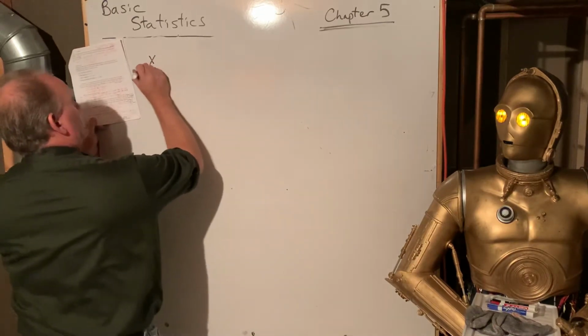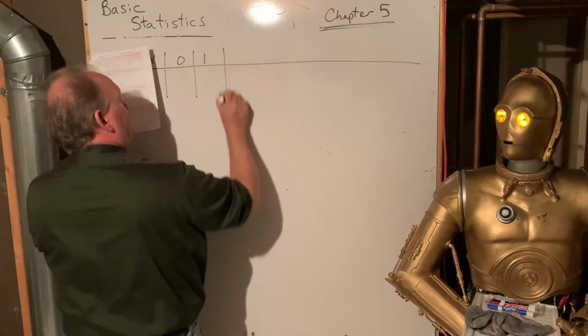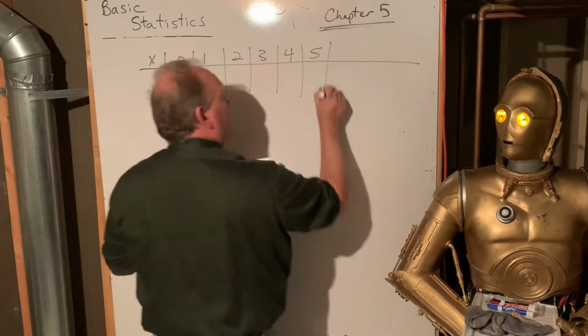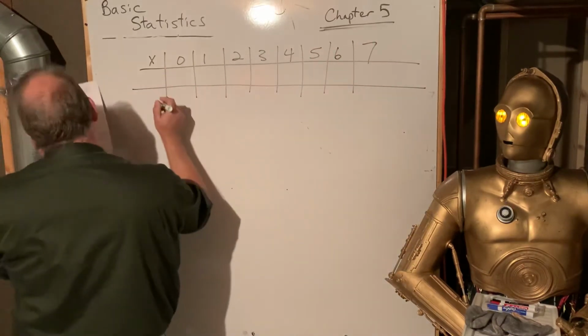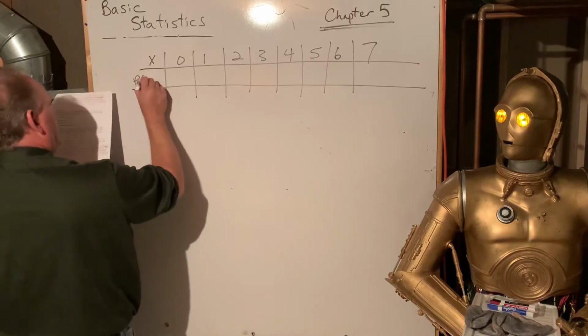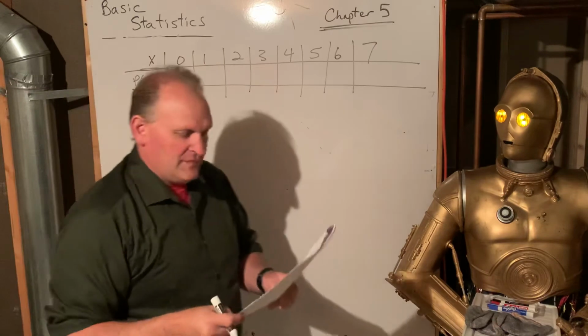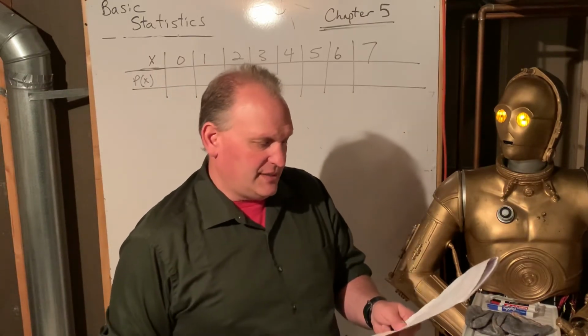And so 0, 1, 2, 3, 4, 5, 6, and 7 people. And so we're looking at a very small number. We're only looking at 7. We've got thousands of students at METC, but we're keeping it small so these numbers don't get ridiculously horrible.